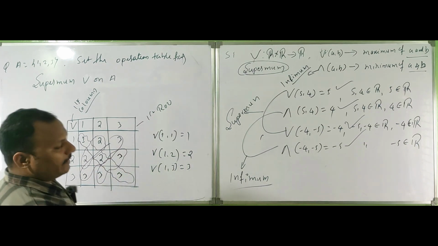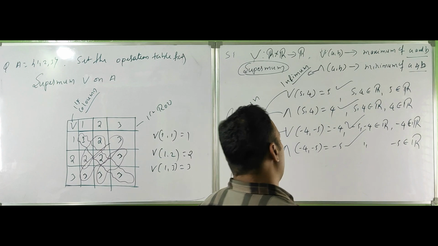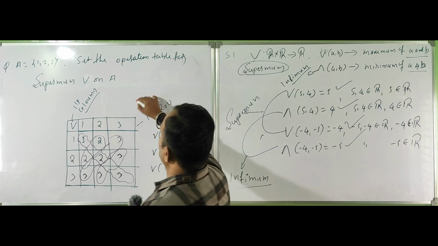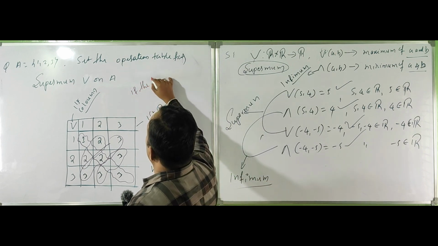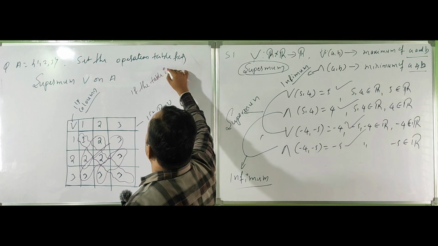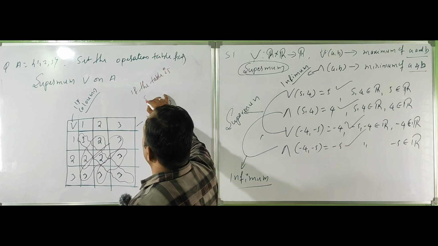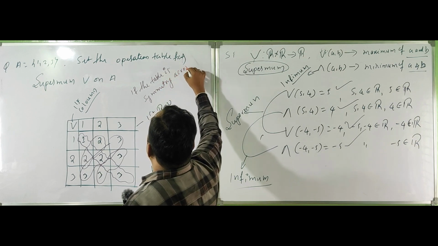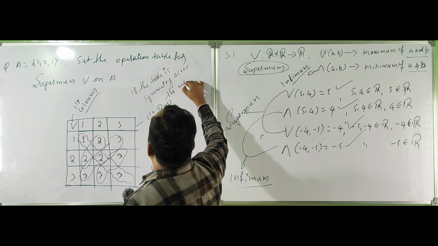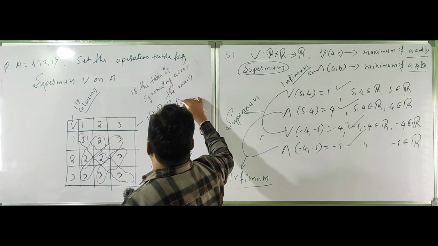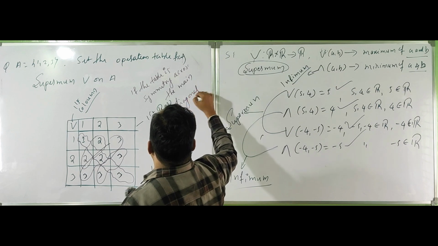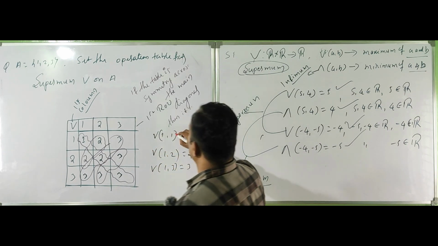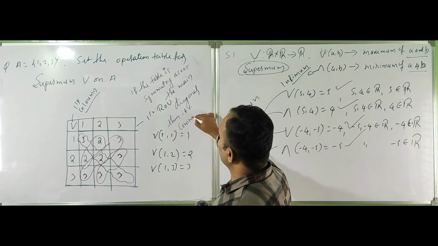If the symmetry is not equal, you cannot say it is symmetric. If the operation table, the composition table, is symmetric across the main diagonal, then it is commutative.